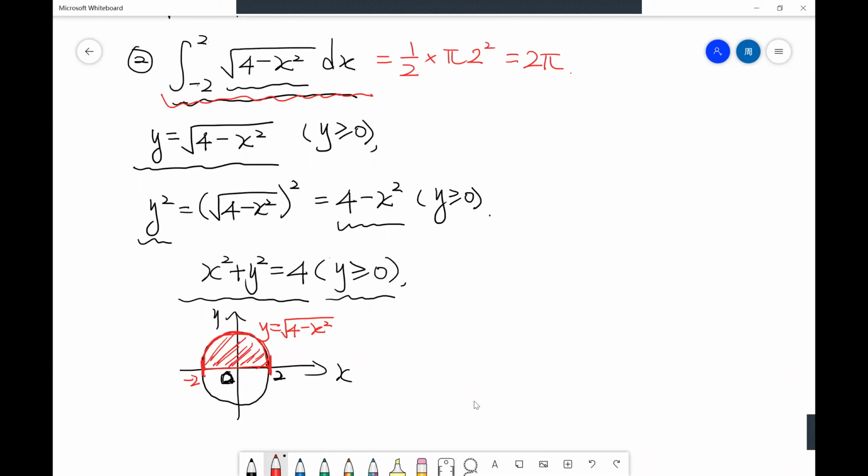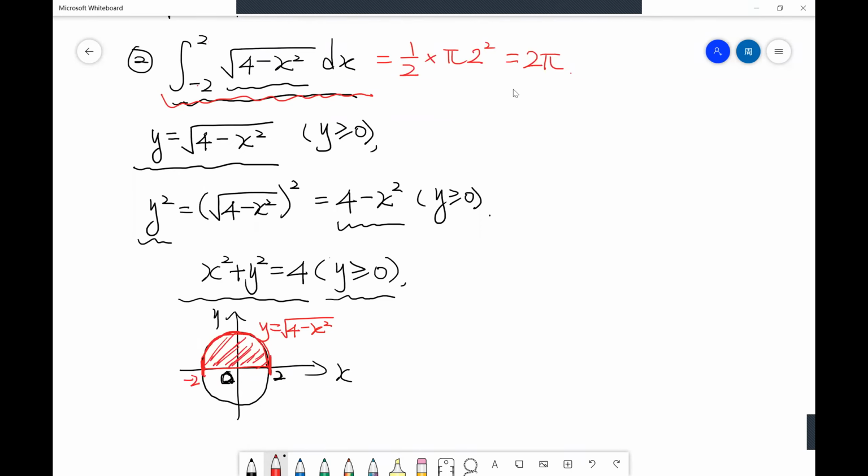Can you understand now? Or not, guys? Okay, okay. So here is the way to calculate a definite integral by using its geometric meaning without calculating.